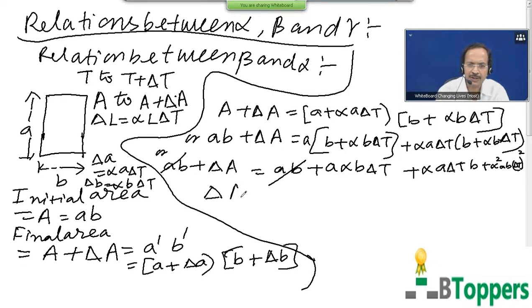So delta A can be written as, these two terms being identical, 2 alpha ab delta T plus alpha square into ab into delta T whole square.